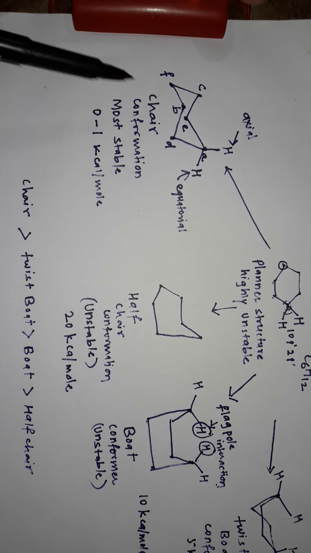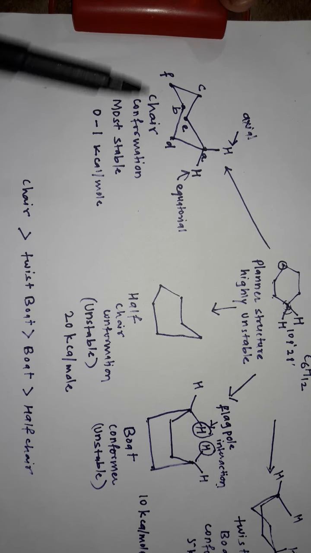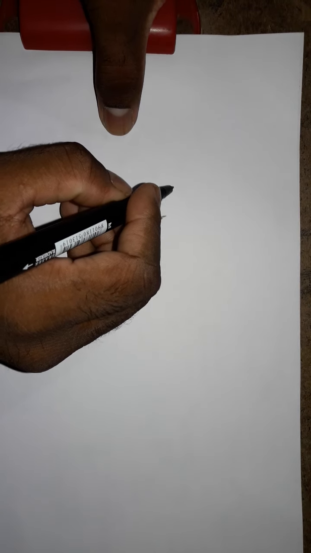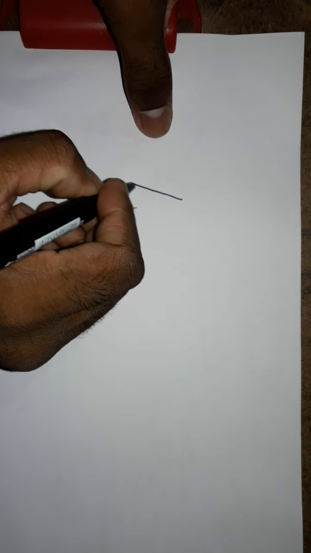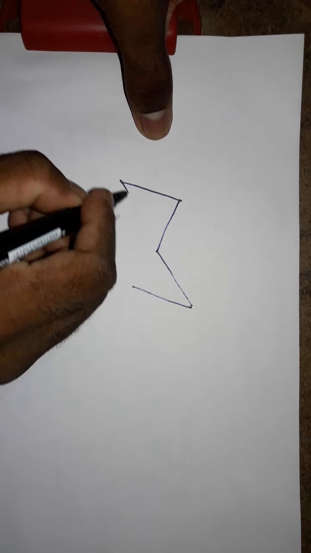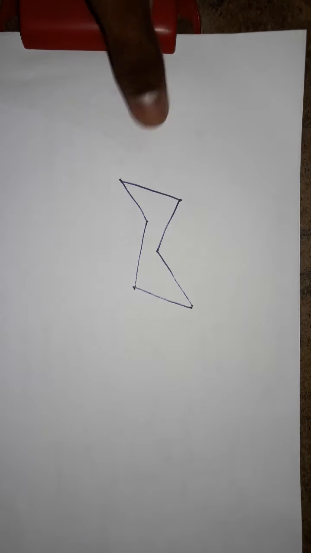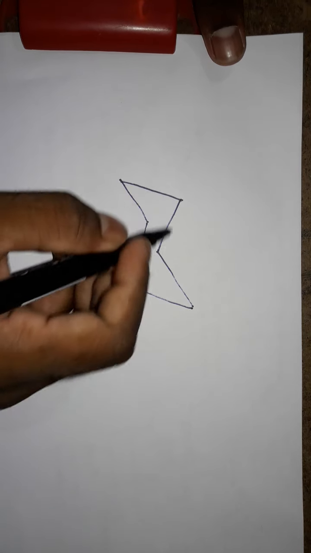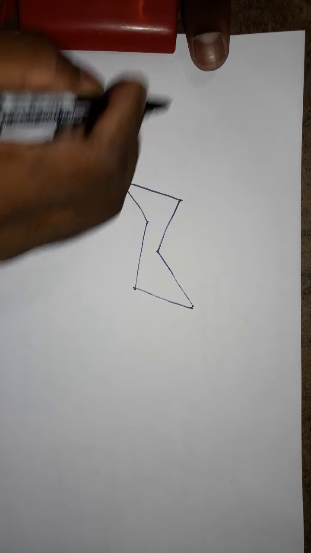Now we need to focus on this chair conformer, so let us focus on that. In case of chair conformer, as I told you, there are three carbons which are in the same plane.